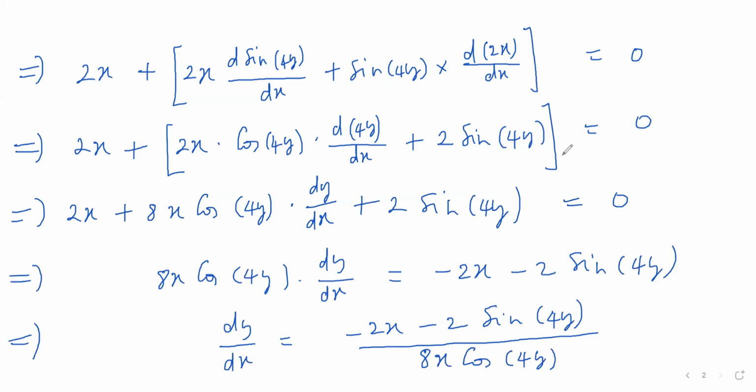So that's the final answer. Let's check this. dy dx is equal to minus 2x minus 2 multiplied by sine of 4y divided by 8x times cos of 4y. So this is the final answer for this example here.